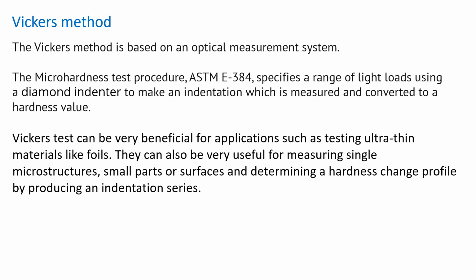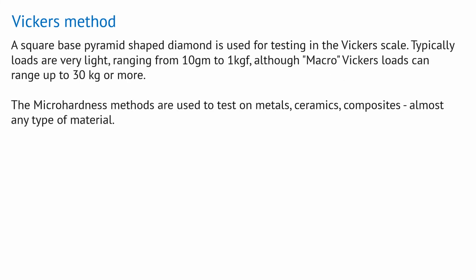The Vickers hardness testing method is usually used for ultra-thin materials like foils. Vickers test forces are typically below 1 kilogram. Take note that some Vickers test machines can range up to 30 kilograms or more.